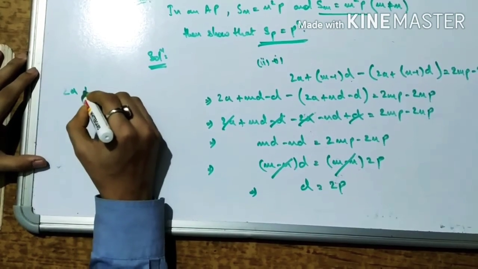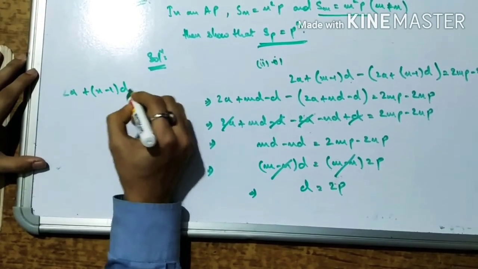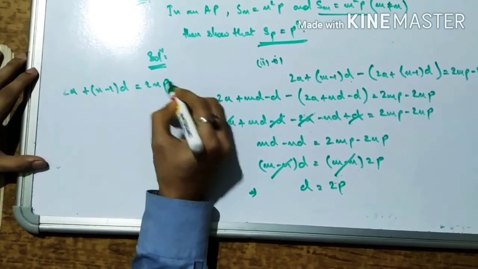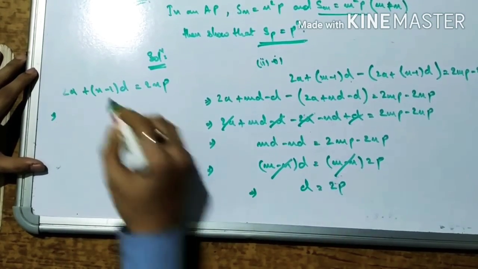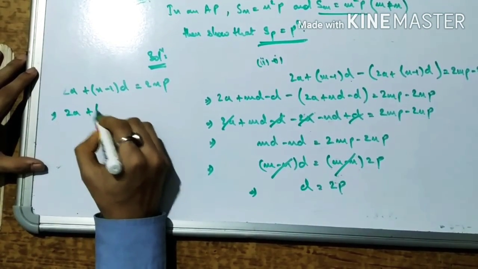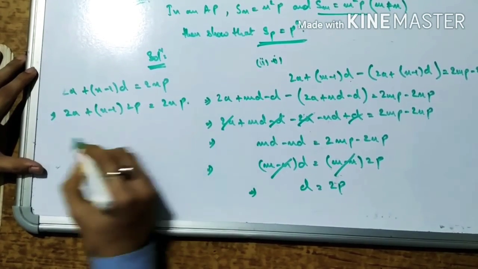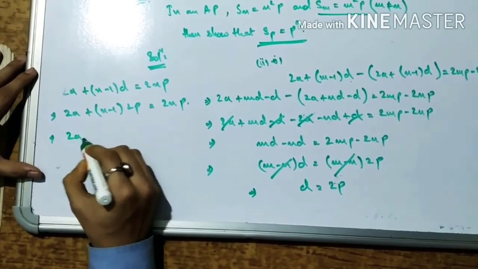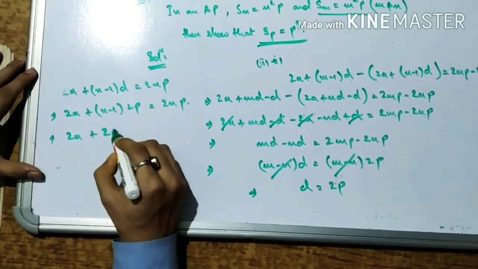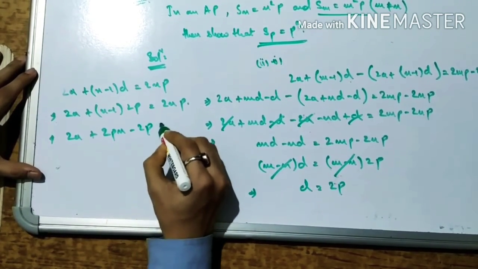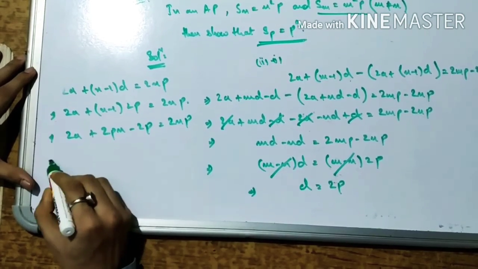Our equation 1 was 2a plus (n minus 1)d is equal to 2np. So I will get 2a plus (n minus 1) 2p is equal to 2np. This one if I multiply it, 2a plus 2pn minus 2p is equal to 2np.